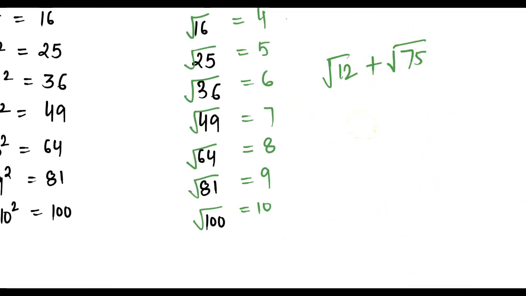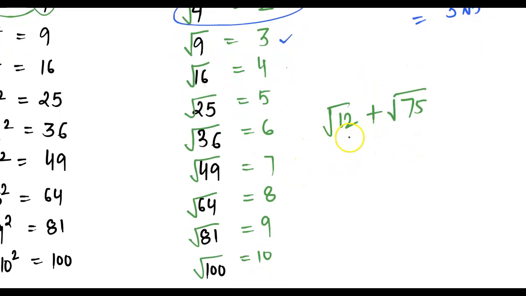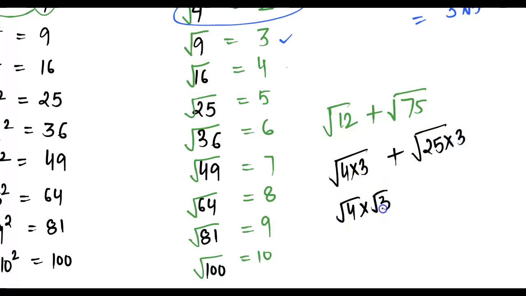Let's think again of square numbers. We just need to think of dividing 12 by square numbers. We have 4, so 4 times 3 is 12. Now 75. Think. 9 can't divide it. 16, no. 25, yes, I guess: 25 times 3. So square root 4 times square root 3 plus square root 25 times square root 3.